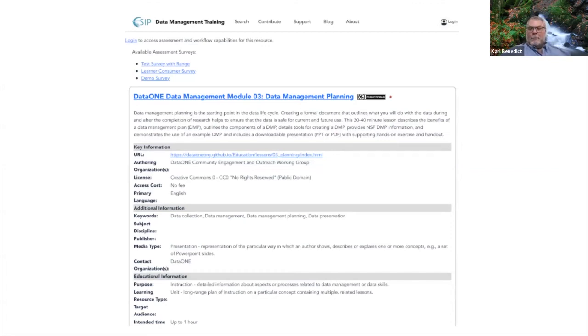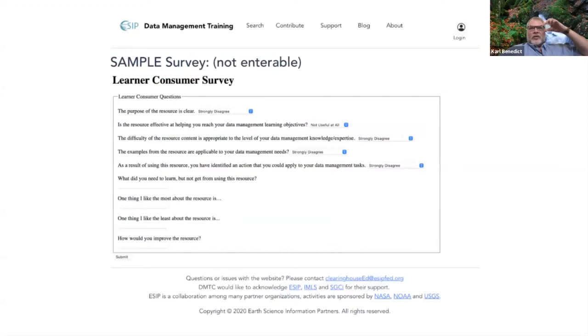Okay, great. So let's go to our sample survey itself. So this is basically the sample rendering at this point of one set of questions. This is the learner consumer survey, representing the types of questions that we're able to ask and the types of inputs.